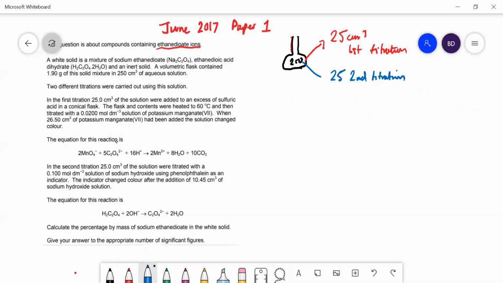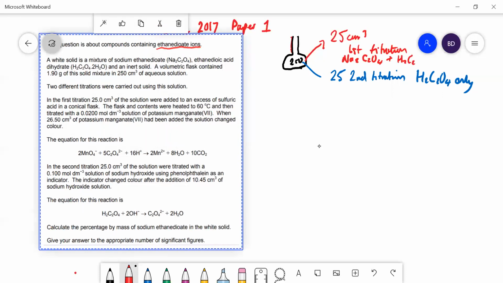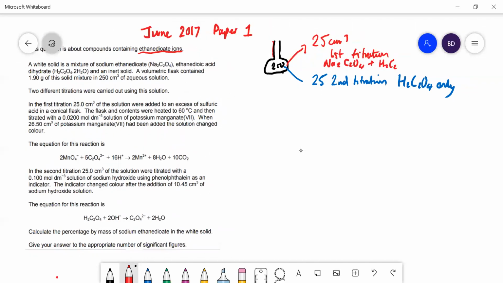The second titration is the acid only, and the first titration is the sodium salt and the acid.